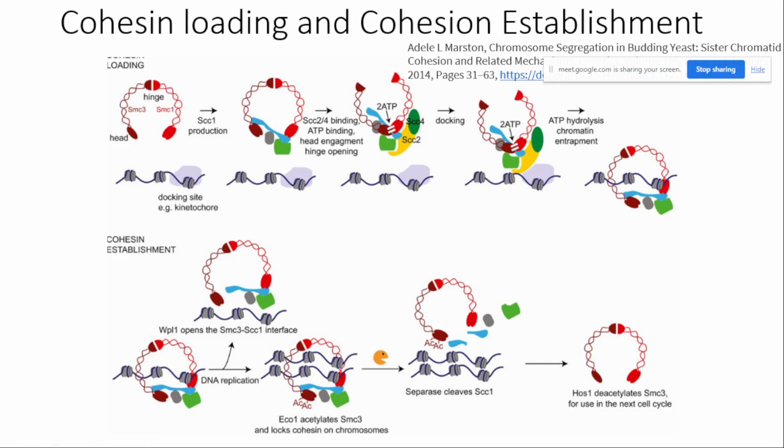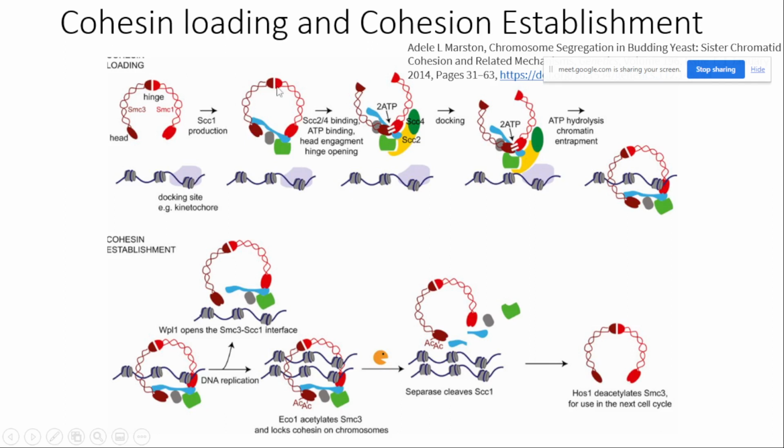One hypothesis is that for loading of cohesin into the chromosome, the requirement is the total cohesin complex, meaning SMC1, SMC3, SCC1, SCC3, PDS5, and this entire cohesin complex bound to SCC2, SCC4.